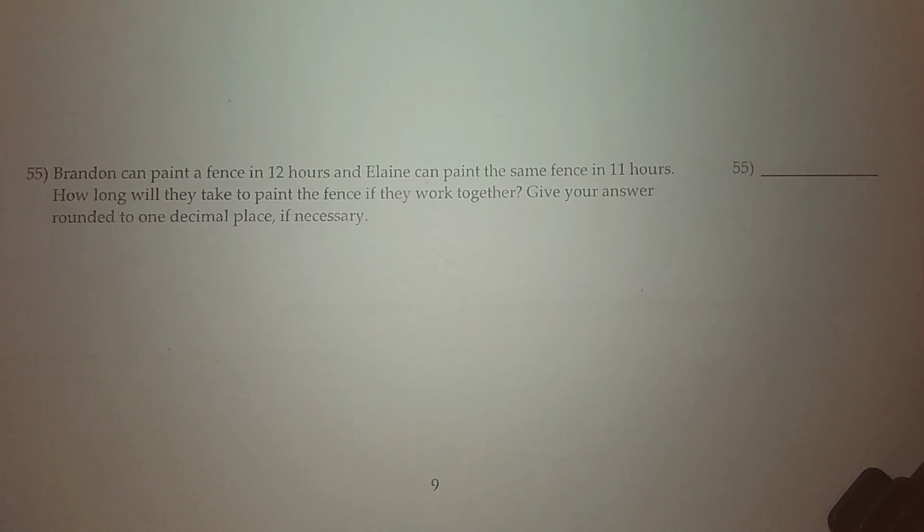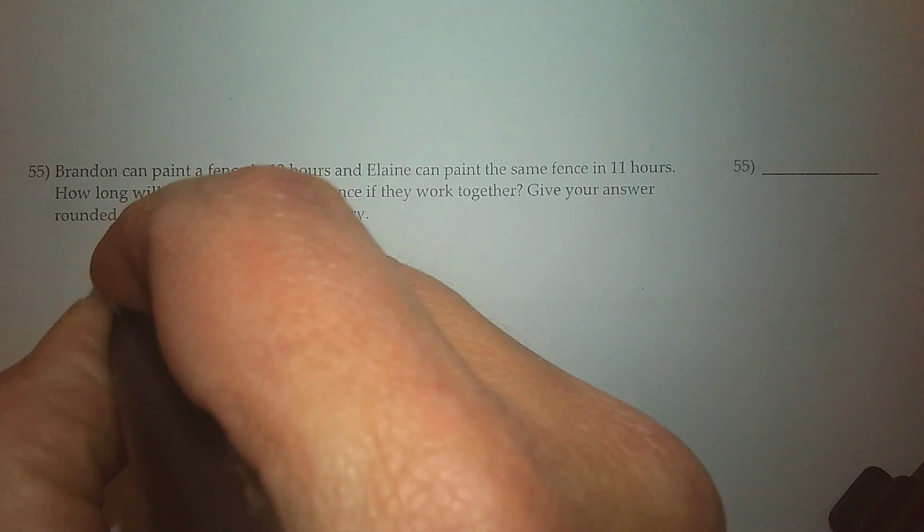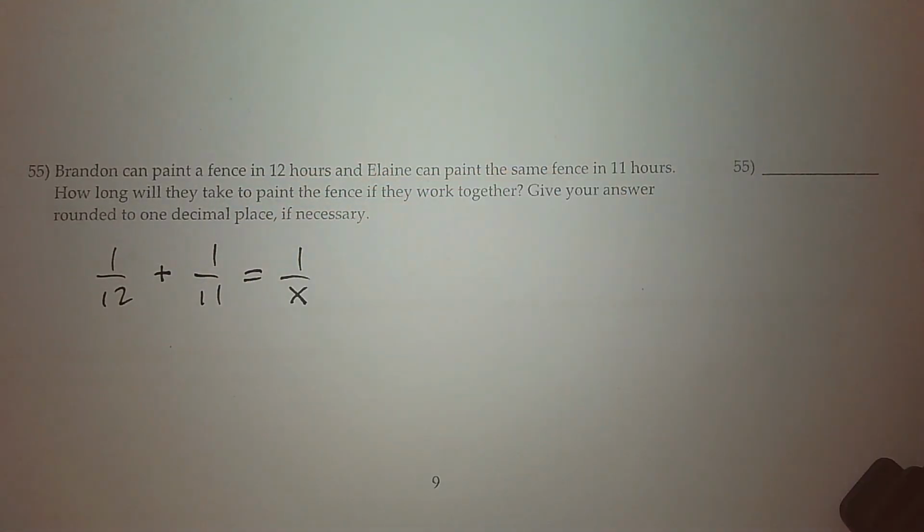Elaine can do it in how many hours? So how long if they work together, right? So, do you remember to set this up? So, if it takes 12 hours to do the job, every hour, what fraction is being done per hour? So, Brandon's finishing 1/12 of the job. Elaine is finishing 1/11 of the job every hour. So how many hours, if they work together, would it take?